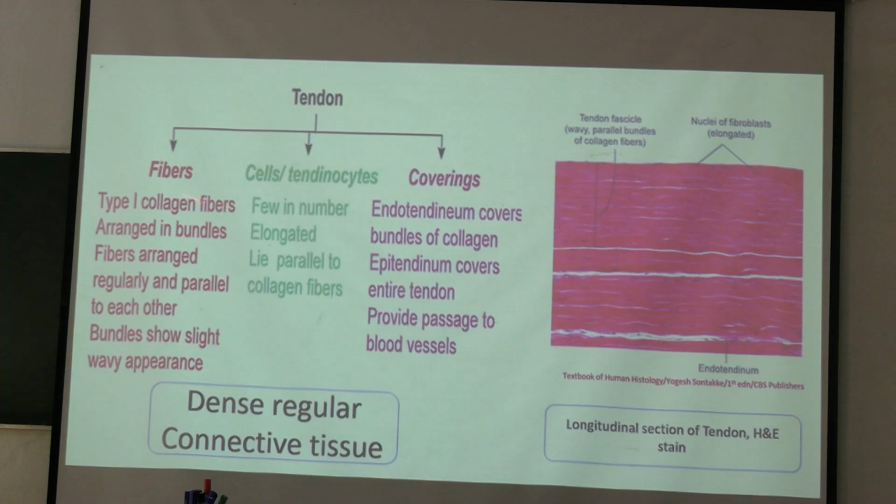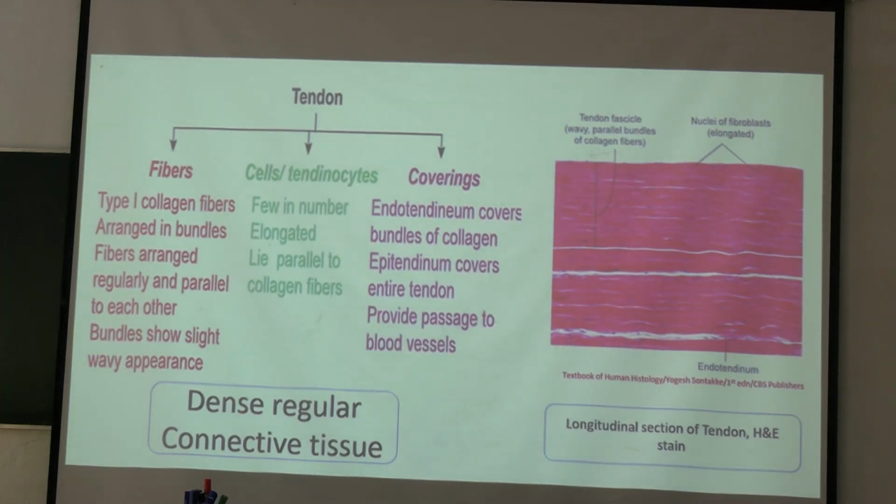So tendon has type 1 collagen fibers. It will look like this in your histological picture. These are the fiber bundles, and these flattened nuclei are the nuclei of the fibroblasts, and ground substance is very little. Type 1 collagen fibers are arranged in bundles, regularly and parallel to each other.